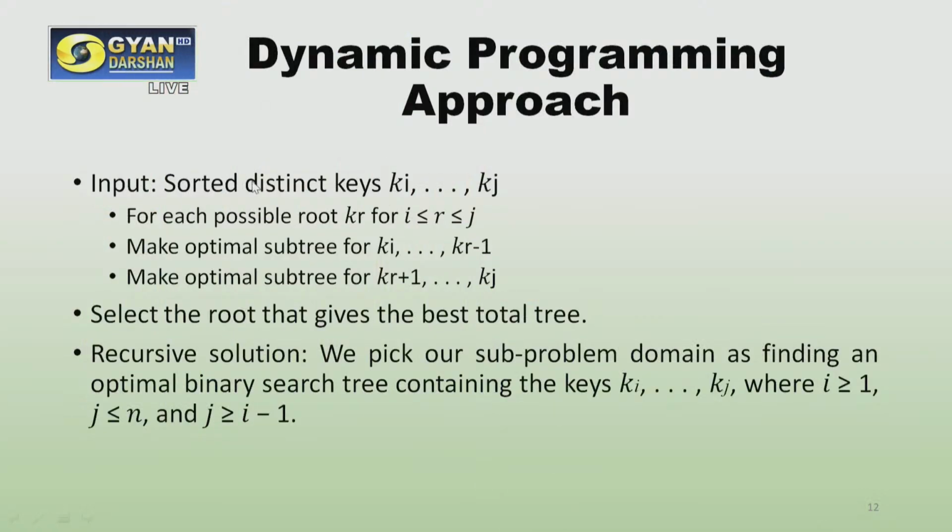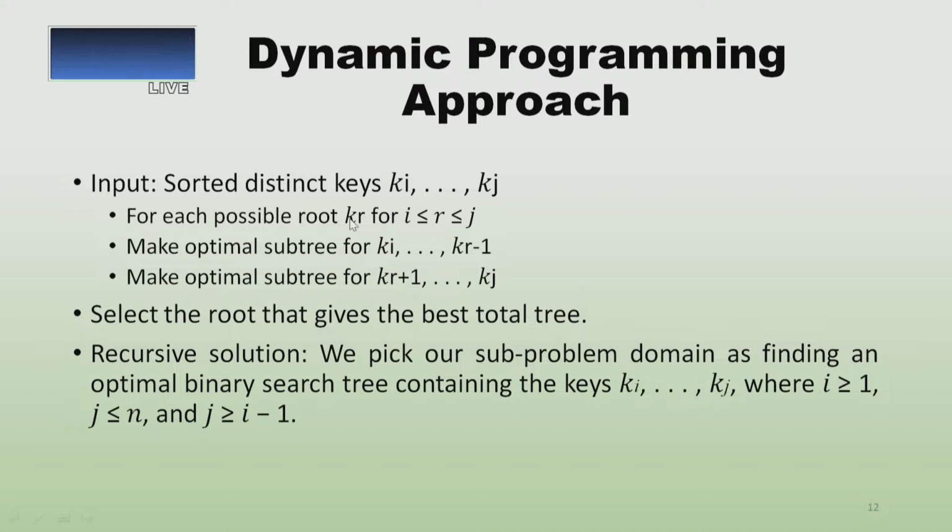So with this property, we will be able to compute the cost in that particular way. Now the recursive approach, if we want to define it for dynamic programming: the input is sorted distinct keys Ki till Kj. In fact, we might put K1 to Kn.